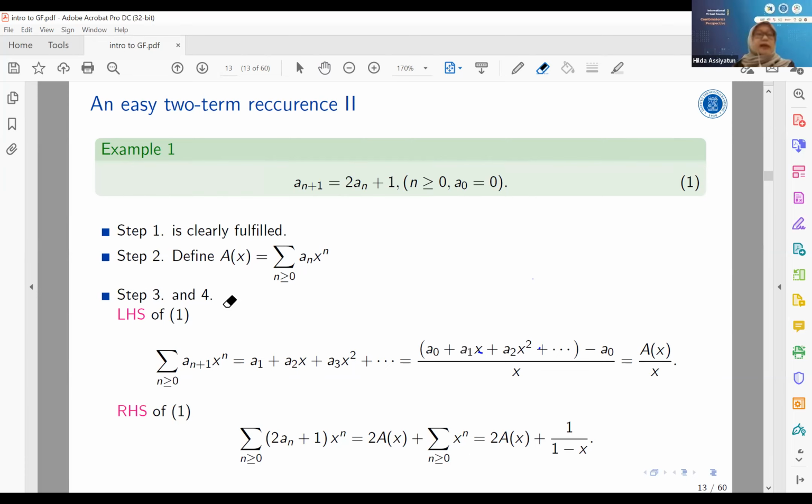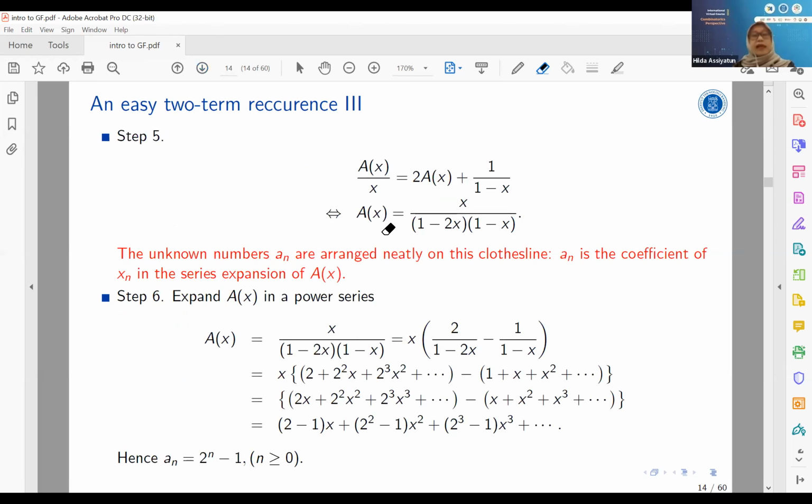Combining the left hand side and the right hand side, we have A(x) as this rational function. That's the end of the method.